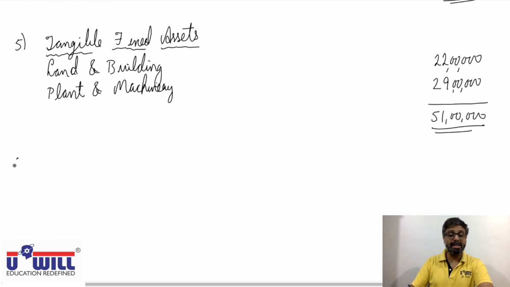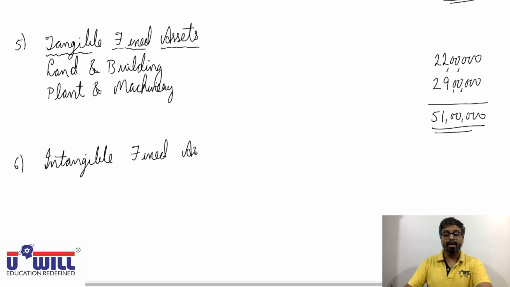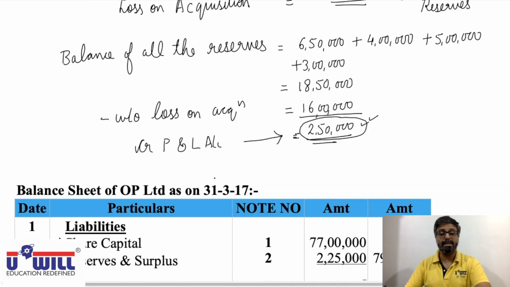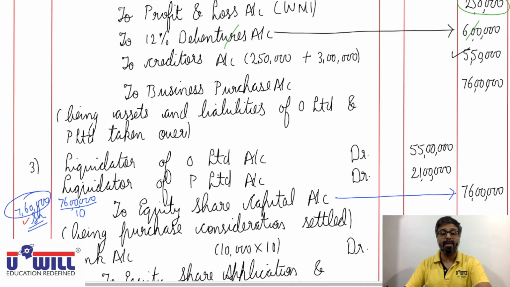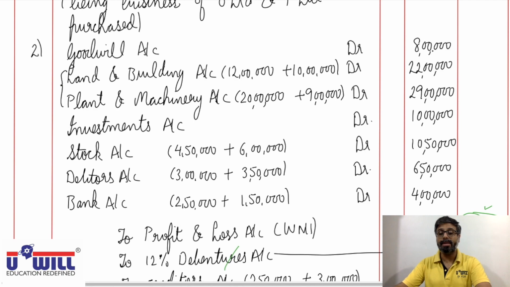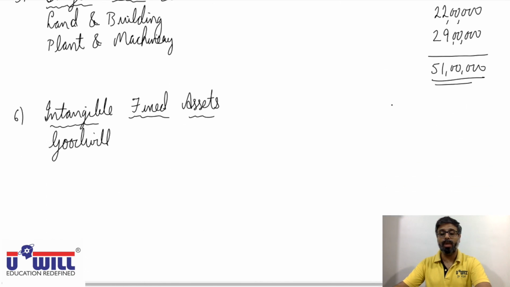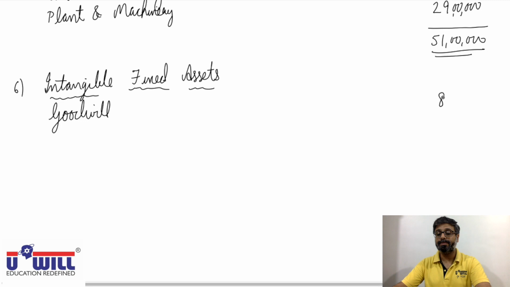Then sixth is intangible fixed assets. In intangible fixed assets, we have only one item, that is goodwill. You can see how much goodwill is in entry number 2. First item, 8 lakhs. So write down goodwill, 8 lakhs.